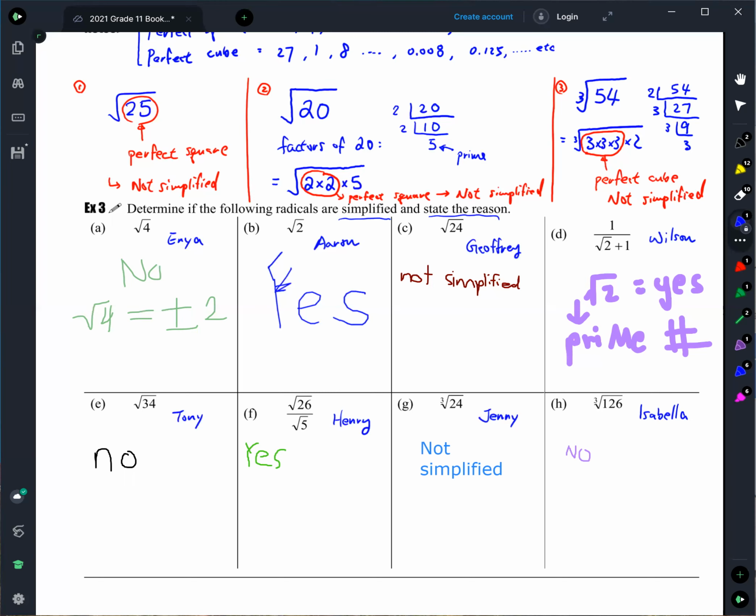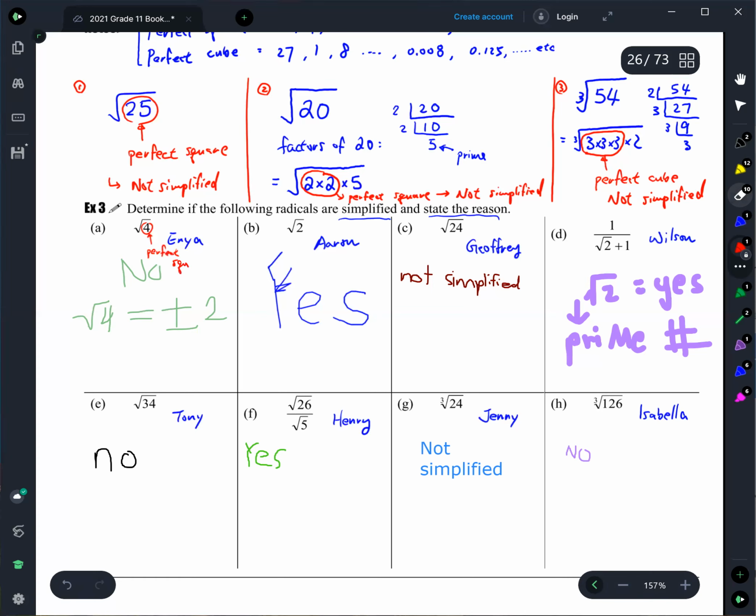All right, let's go over each one. I'm going to use red. For question A, inside I see a 4. 4 is a perfect square.